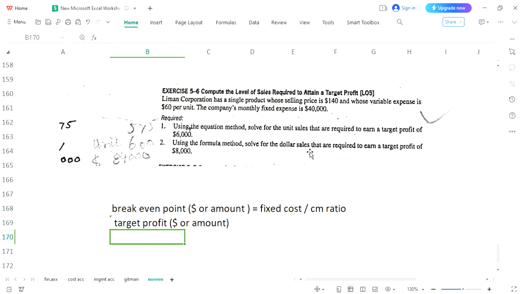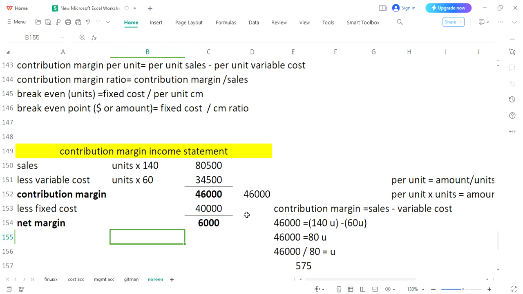Let's go upward and see this formula we have repeated so many times, break even point in terms of dollar, fixed cost divided by CM ratio.